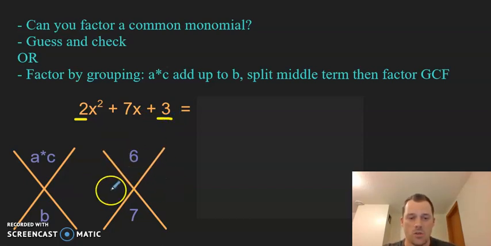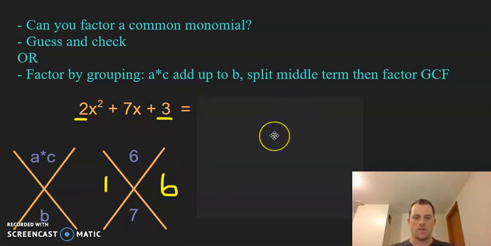So now these numbers that we're looking for have to multiply to 6 and add to 7. That one's pretty easy. 1 times 6 gives us 7. But 1 and 6 aren't going to be the two factors that we get here, right?